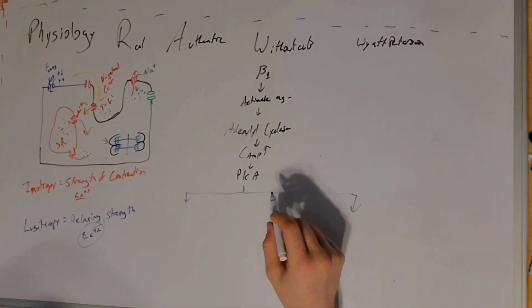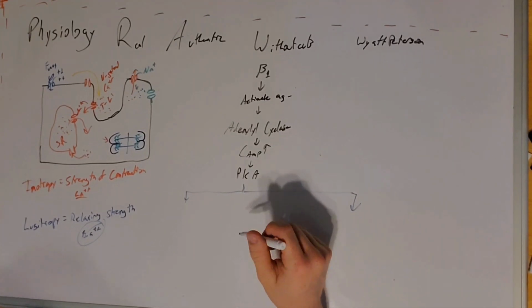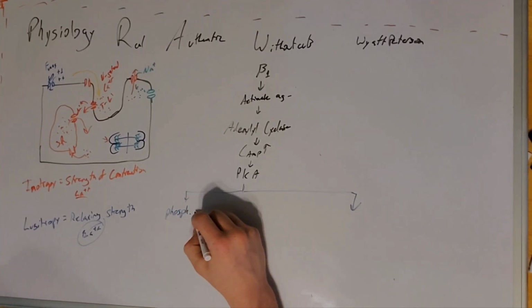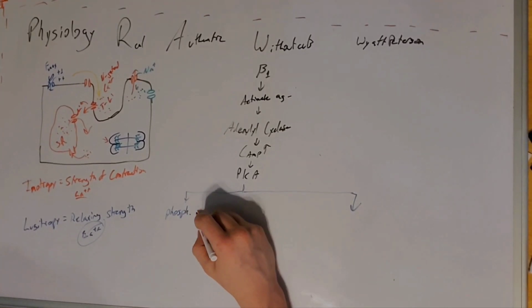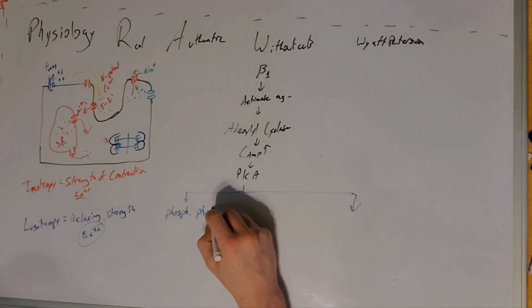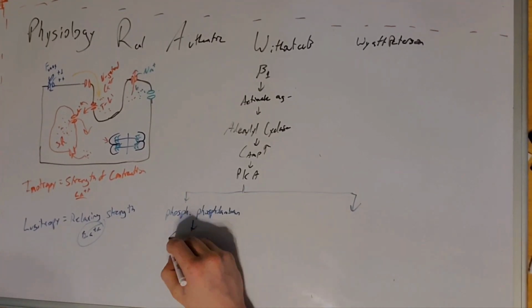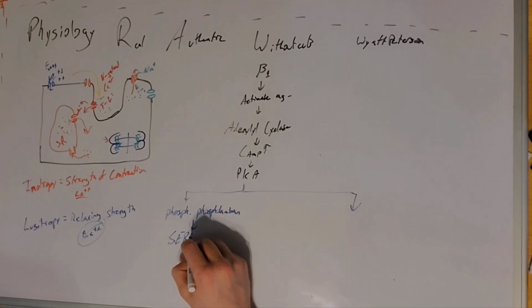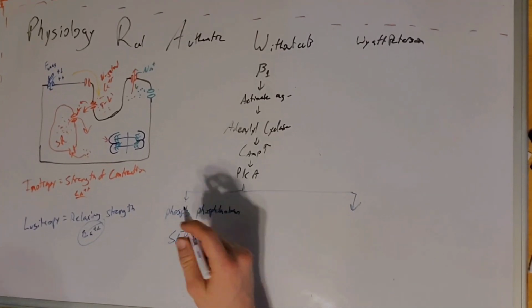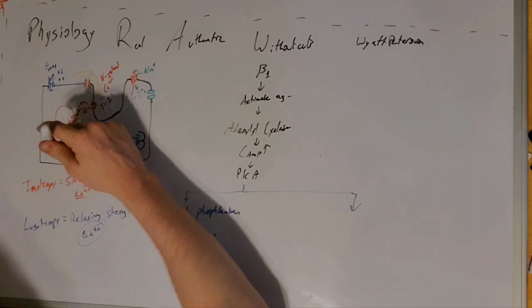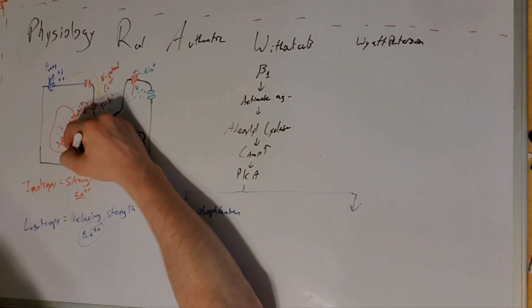Okay, so this protein kinase A can also activate, I guess, phosphorylate something called phospholamban, which is connected to that SERCA pump, which is, yeah, maybe let me write it right here.